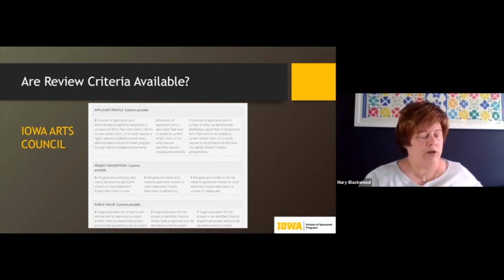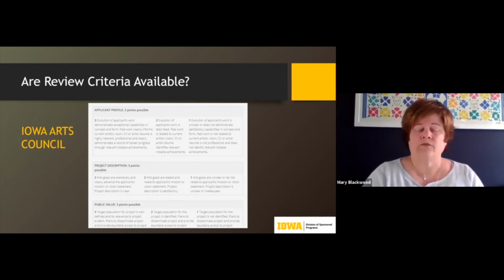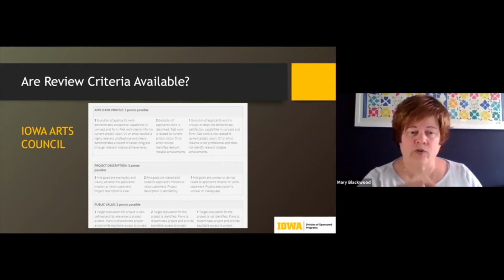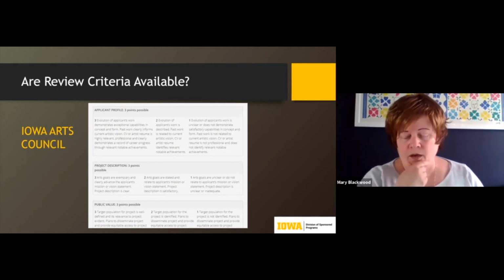And here's a story about me applying for a grant many years ago. I was applying to an Iowa Arts Council grant for a festival that I ran. I looked at this rubric, and as I wrote the grant application, I was very careful to make sure I hit the top points of each category, because the Iowa Arts Council gives this rubric to their grant reviewers.